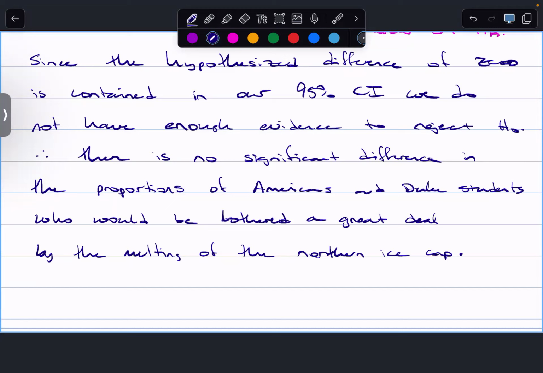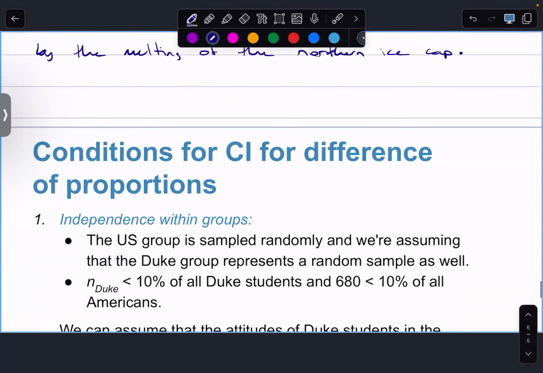And so sometimes our hands are tied, but let's see here. So we have conditions, and notice that this is just for the confidence interval, but I'll also in pink do a hypothesis test, because the conditions are very similar.